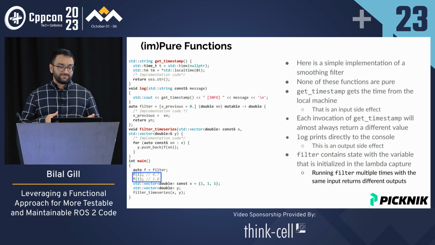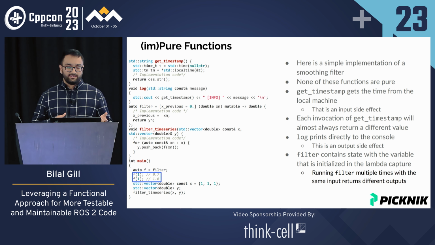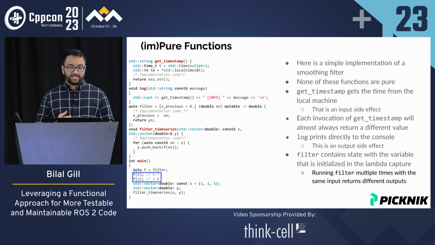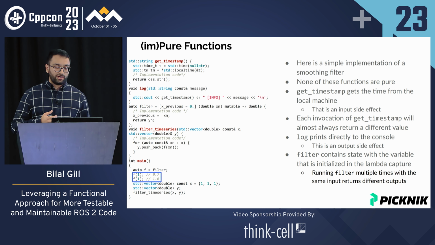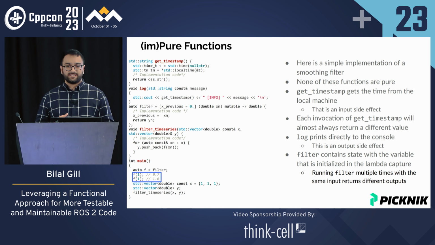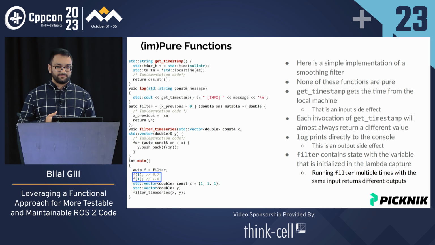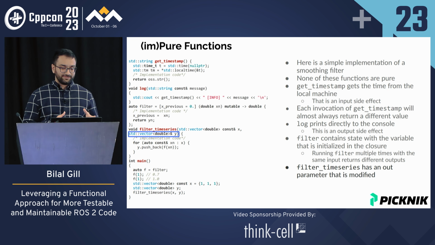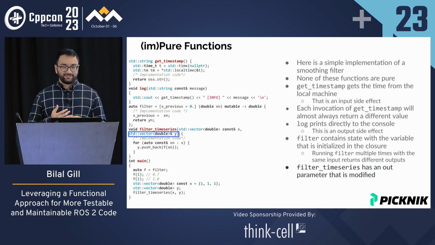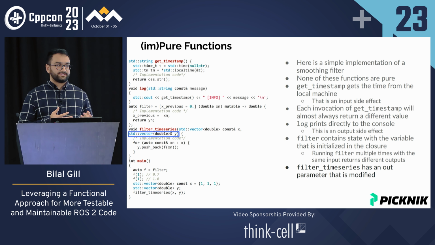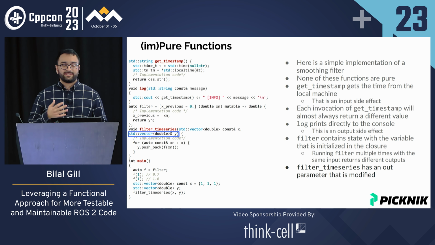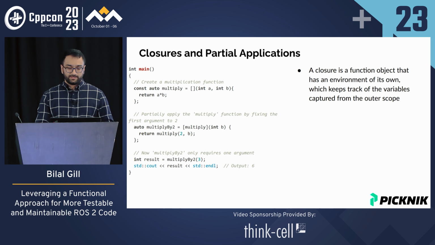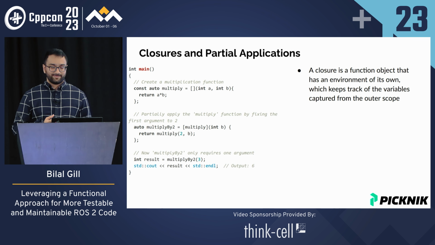It would have been better if we provided the previous x value as an argument instead of keeping it as state inside of the filter function. And finally, filter time series has an out parameter that's modified. One of the things I said for pure functions is that we can't mutate input parameters, right? So that's everything about pure functions.